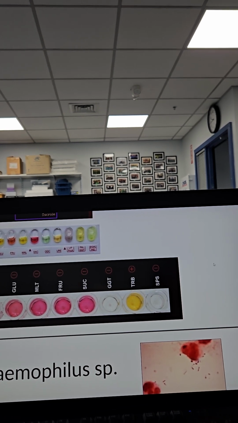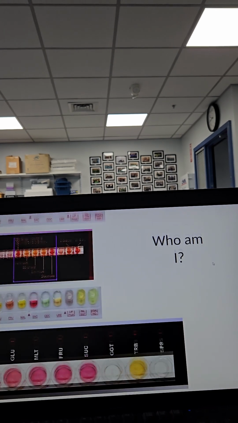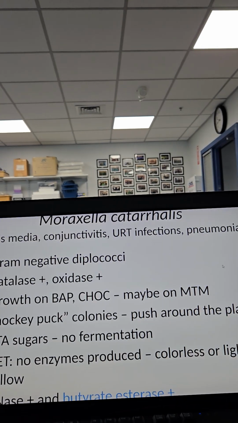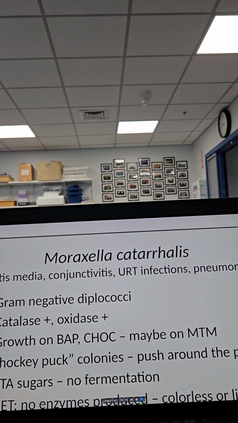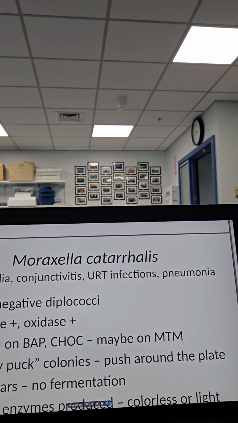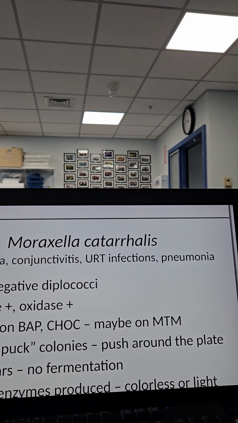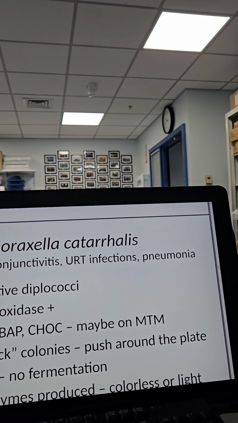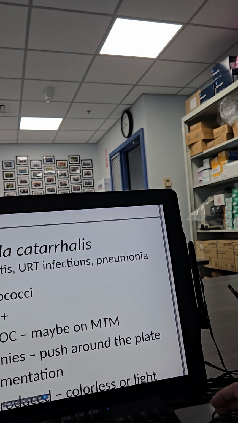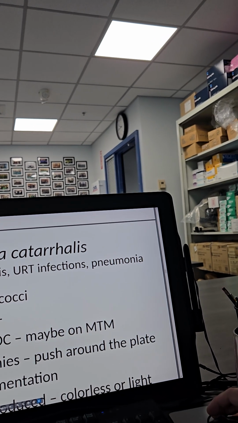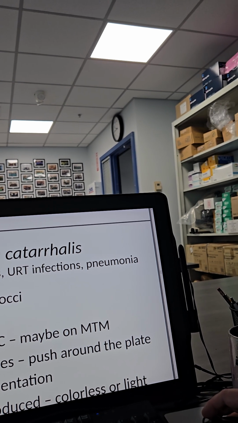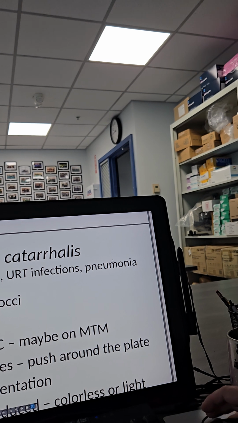How do you say the M one? Moraxella. What does it cause? It causes ear infections and eye infections. It can cause pneumonia, which it has up here. So otitis media for middle ear infections, conjunctivitis for eye infections, and upper respiratory tract infections. It's not common for coughs and colds, but it could cause a gentle sinus infection, and pneumonia.